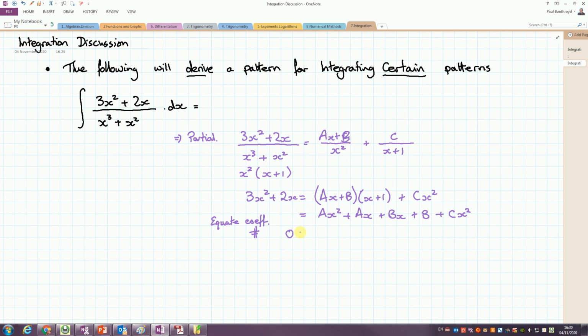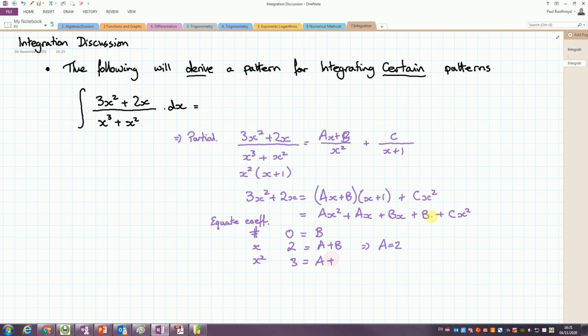So b has an x term there, so let's try x terms. We have 2 in this one, and the only thing we have on the right hand side is a plus b. So that means a equals 2. And when we equate the x squared terms, we've got 3 is a plus c, which tells me c must be equal to 1.